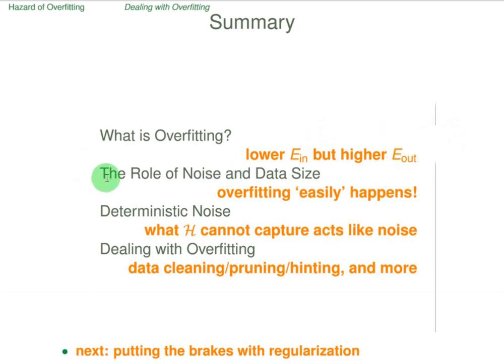And we discussed the role of noise and data size that affects overfitting. There are two different types of noise, deterministic and then stochastic noise that we have discussed. We briefly talked about dealing with overfitting, such as data cleaning, pruning, hinting, but the main techniques will be discussed in the coming lectures, which we call regularization.